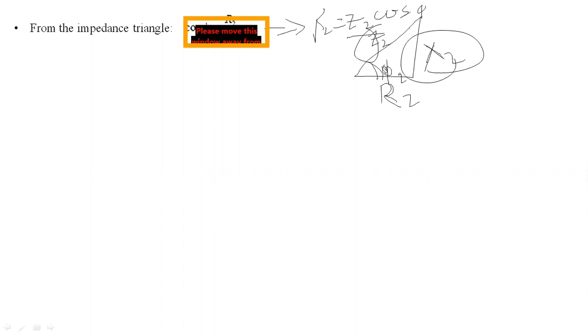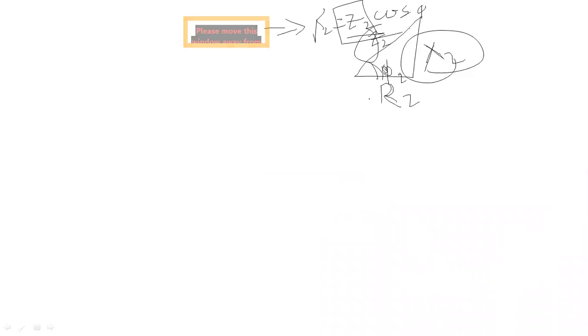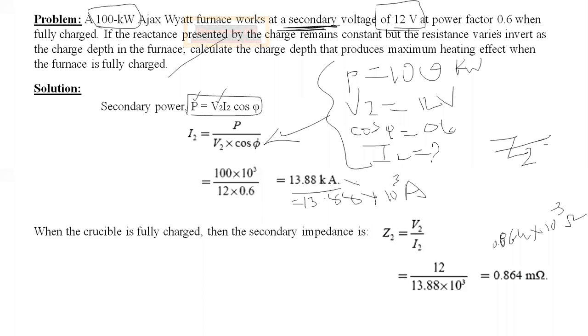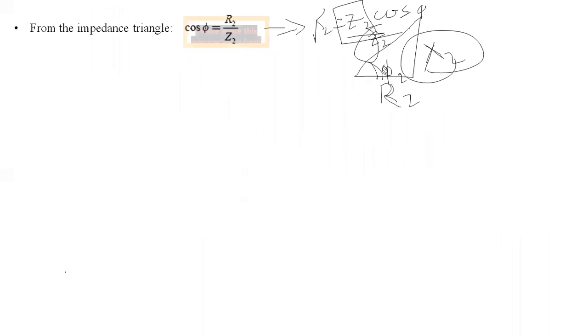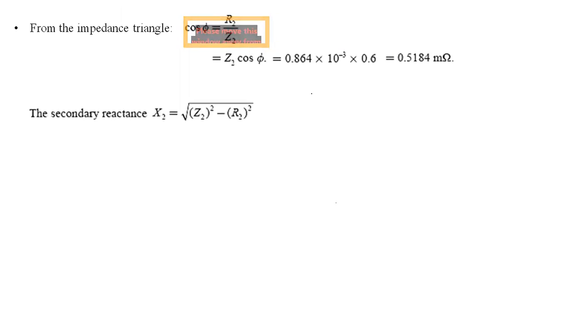The Z2 value we calculated is 0.864 milliohms, into cos phi, which he has given as 0.6. Placing the values, you get 0.5184 milliohms.